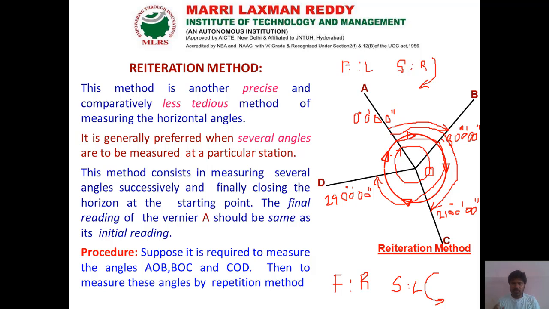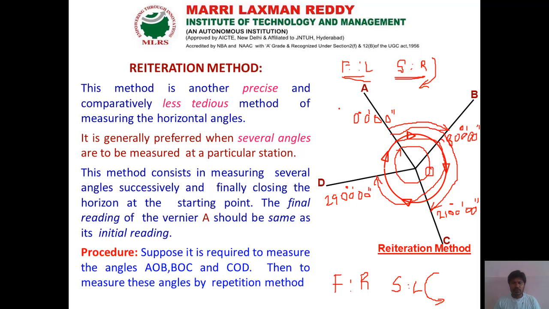Now, since our first point of observation and the last point of observation are both the same, so this is with respect to face left and swing right. Now I have to enter these values in tabular form.